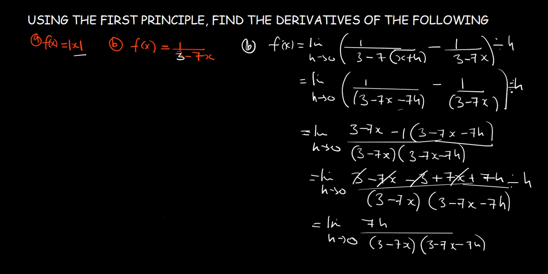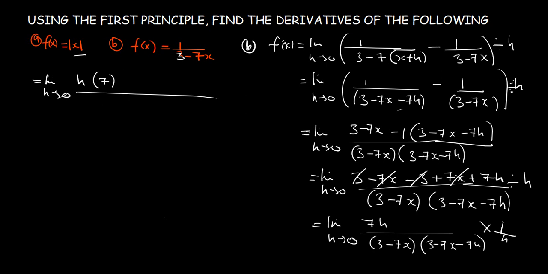So I'm continuing from here. So now that it is dividing by h, so now this will be the inverse of h, so that is 1 over h, right? So we'll factorize now. We'll say limit as h approaches 0, then I'm factorizing that h on top there, so I'll have 7, like that.